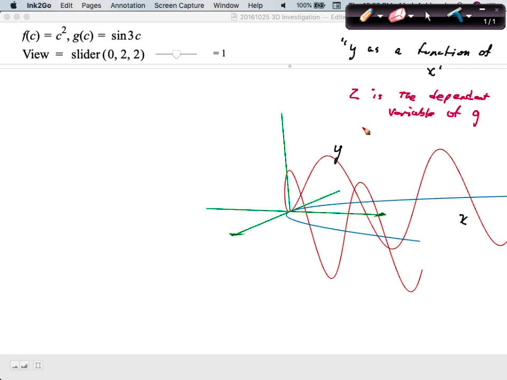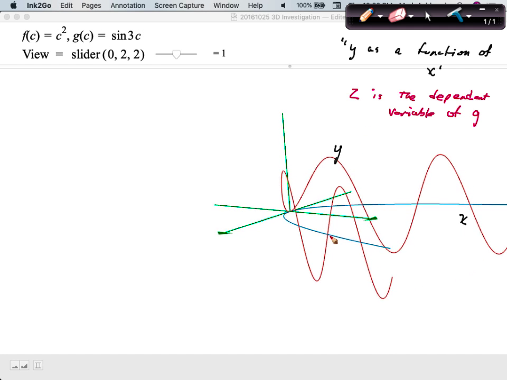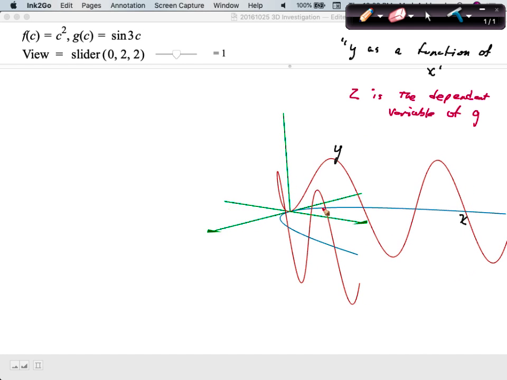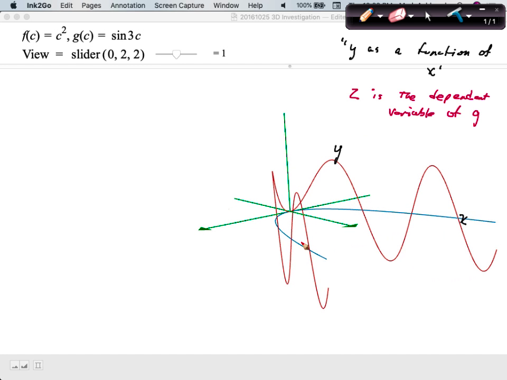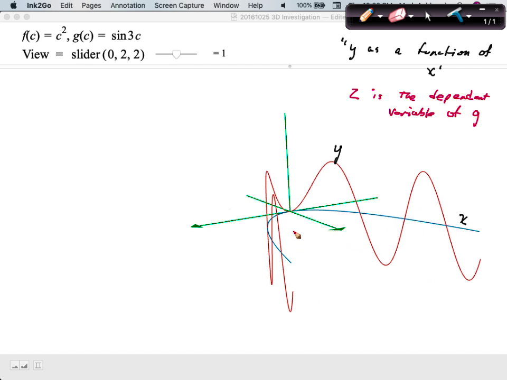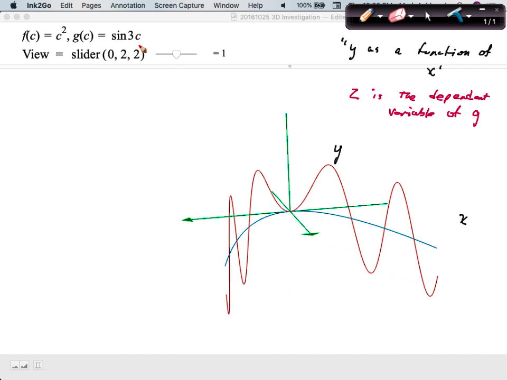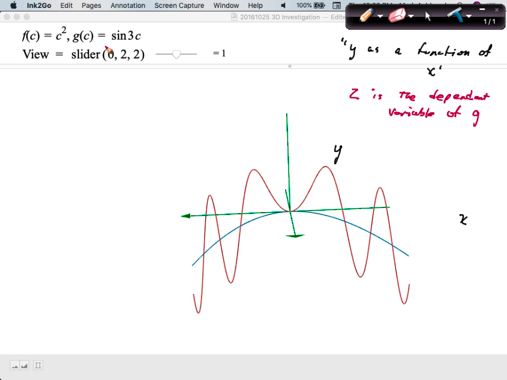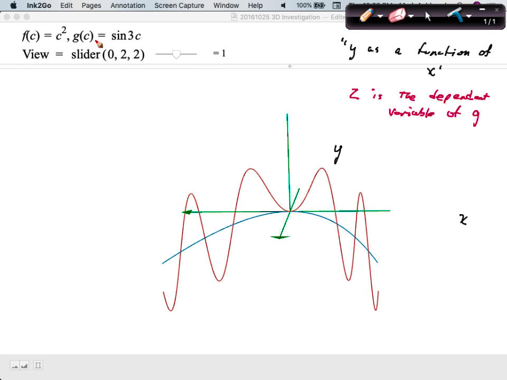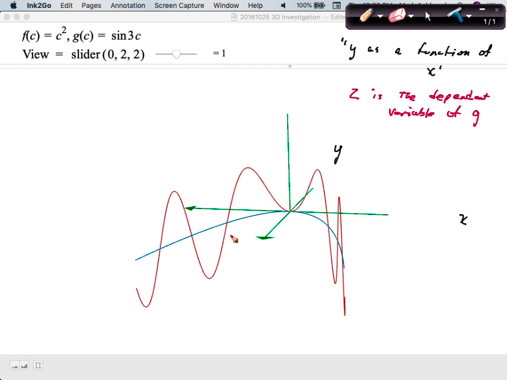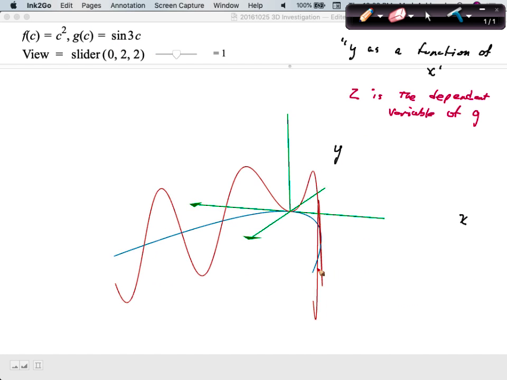Y. So we're graphing as a z coordinate the value of g for the independent variable of y on this graph.